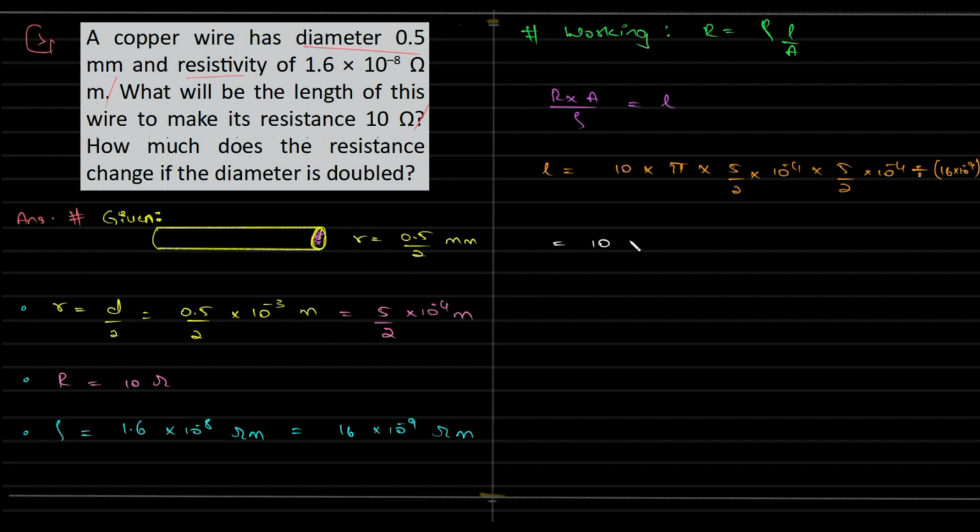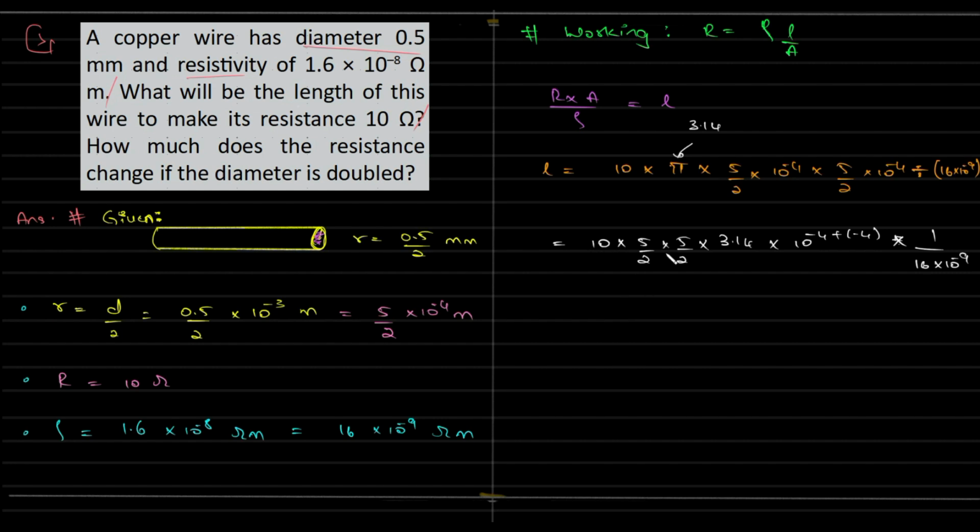Okay. Right. So let us rearrange a bit. So we have 10. See, nothing is getting cancelled with 7. So we need to take this value of pi as 3.14. So all that we need to be smart about. 5 by 2 into 3.14 into, this will be 10 to the power of minus 4 plus minus 4, into 1 by 16 into 10 to the power of minus 9. So let's see what gets cancelled.